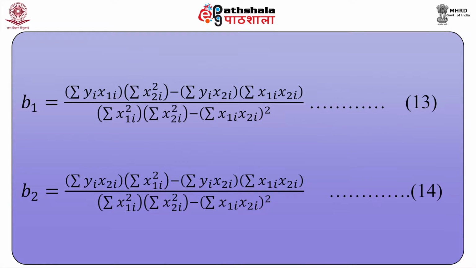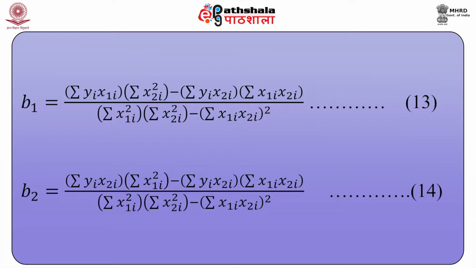Taking deviations from respective means, that is yi is equal to yi minus y bar, x1i is equal to x1i minus x1 bar, x2i is equal to x2i minus x2 bar, and solving 8, 9, 10 equations simultaneously, we get values of regression coefficients as b1 is equal to sigma yi x1i multiplied by sigma x2i square minus sigma yi x2i multiplied by sigma x1i x2i whole upon sigma x1i square into sigma x2i square minus sigma x1i x2i whole square.